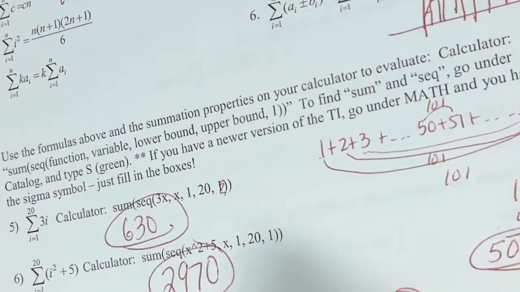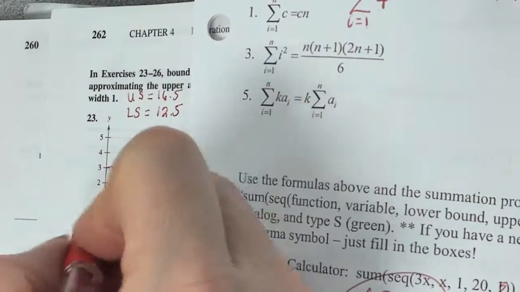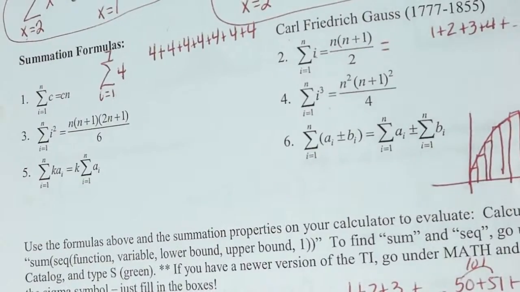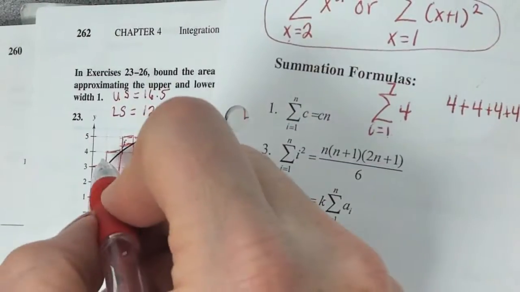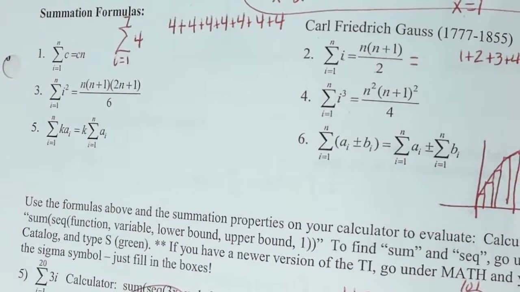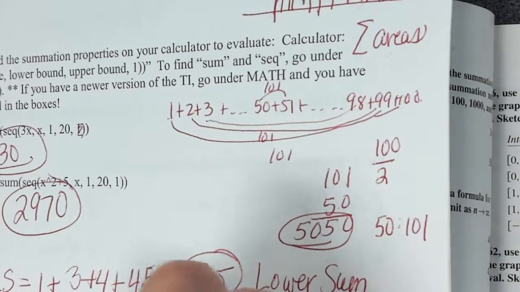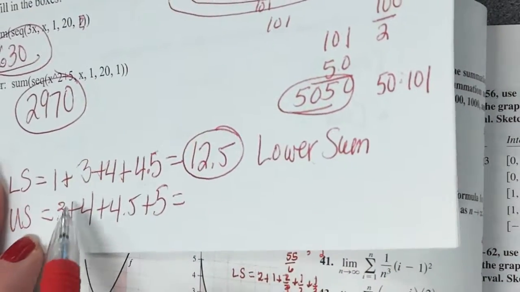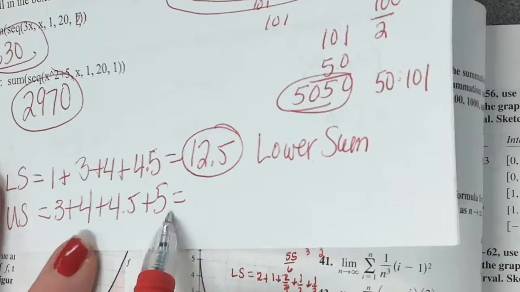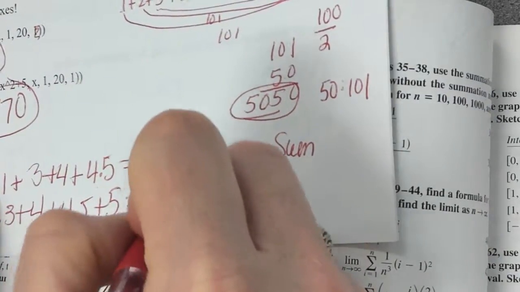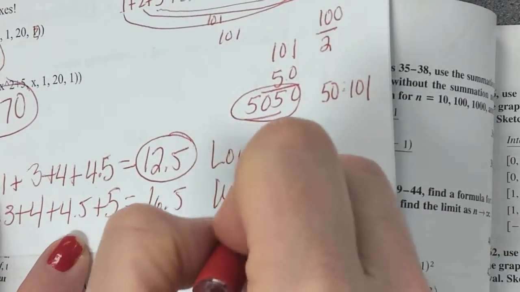So to find the upper sum, it's going to be this first area, which was 3, plus this area, which is 4, plus this area, which is 4.5, plus the last area, and that last area right there is 5. So my upper sum then is going to be 7, that's 11.5, plus 5, 16.5. That would be the upper sum.